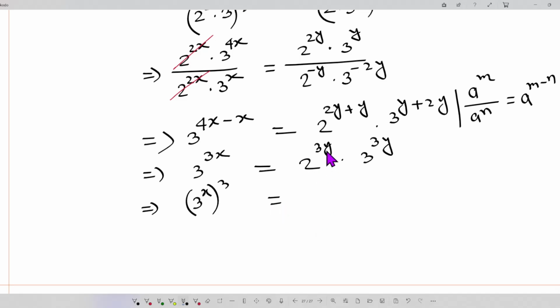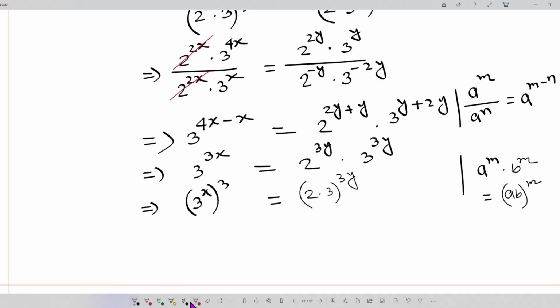And here is 2 to the power 3y times 3 to the power 3y. Look, if a to the power m times b to the power m, we can write it not like this. Suppose a to the power m times b to the power m, this one we can write ab to the power m because power is same. Same thing, 2 times 3 to the power 3y we can write.